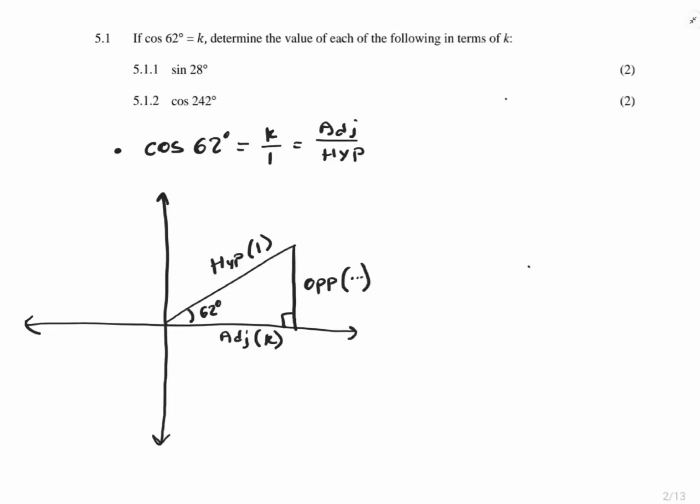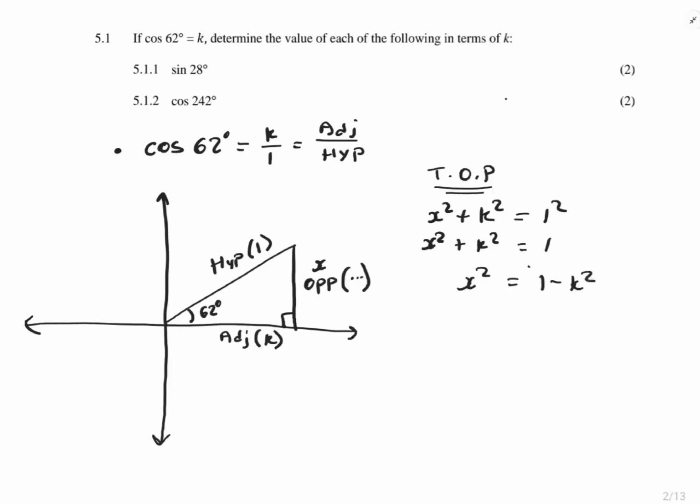The first thing that I would usually advise is to solve for the side that you don't know. That's the first thing that you have to do. So we're going to use the theorem of Pythagoras. Let's call this opposite side x. We're going to have x squared plus our adjacent k squared equals 1 squared. We know 1 squared is 1, k squared remains k squared. Then we transpose this k squared to the other side, so x squared is 1 minus k squared.